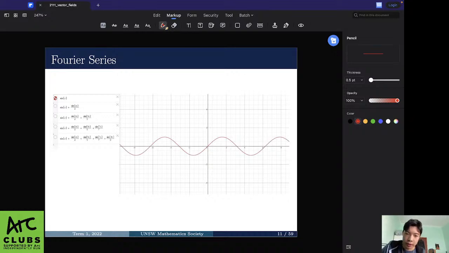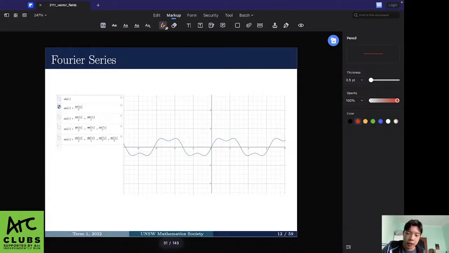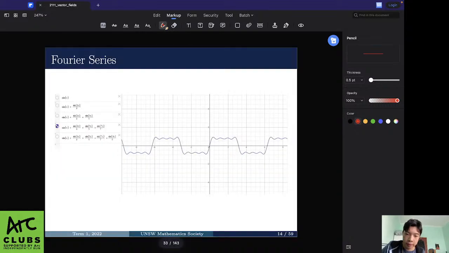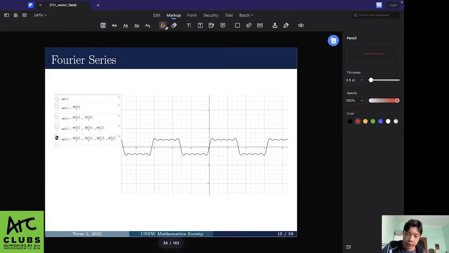With one sine term, obviously it won't look too similar to what we're trying to get, but as we keep adding more and more sine terms, as each slide progresses, we're adding another sine term. It seems to approach this square-like block pattern, and that is the function that it's trying to replicate.